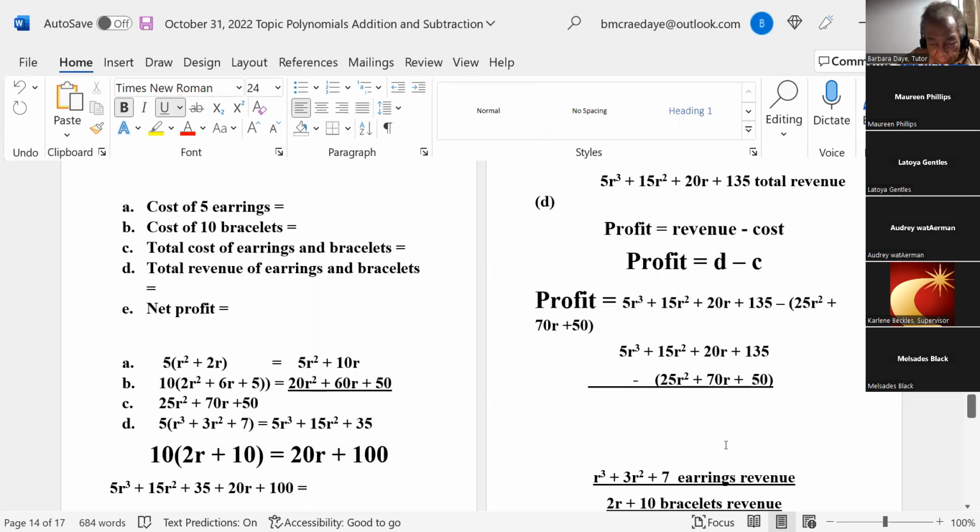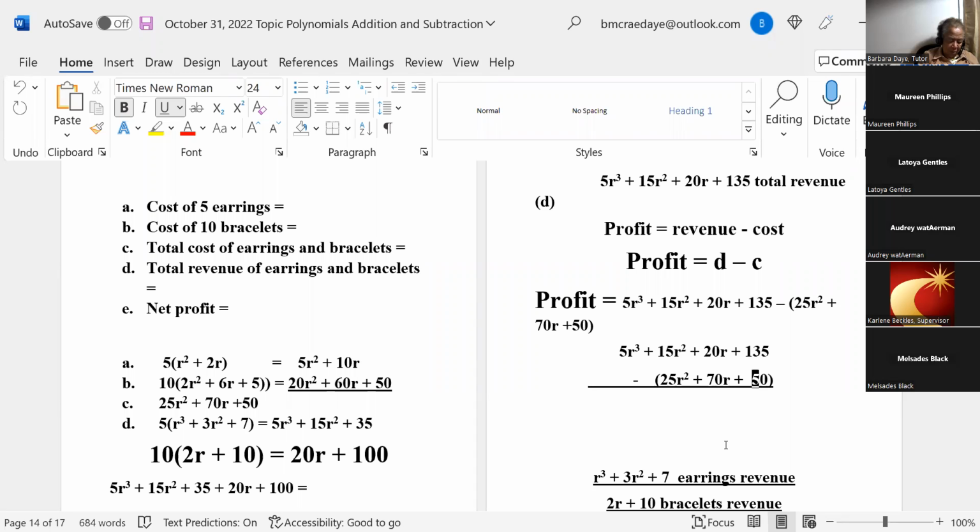5 to the third, or 25 to the third. That is 5R to the power 2. No, 10R to the power 2. What is it, Maureen? 10R to the power 2. So what are you doing with the 5R to the third? I put that by itself.